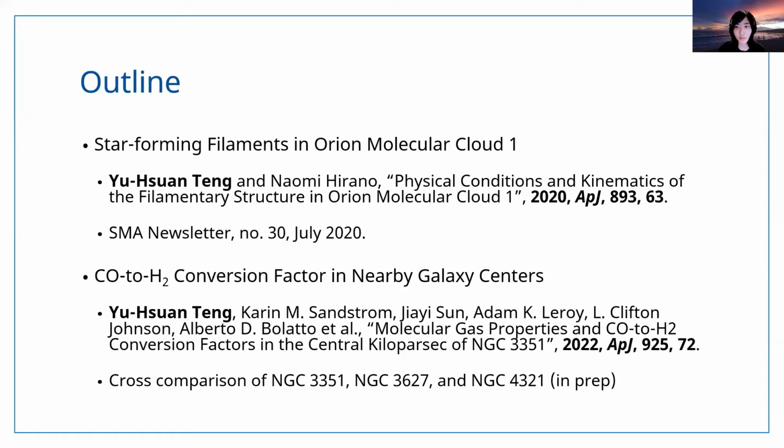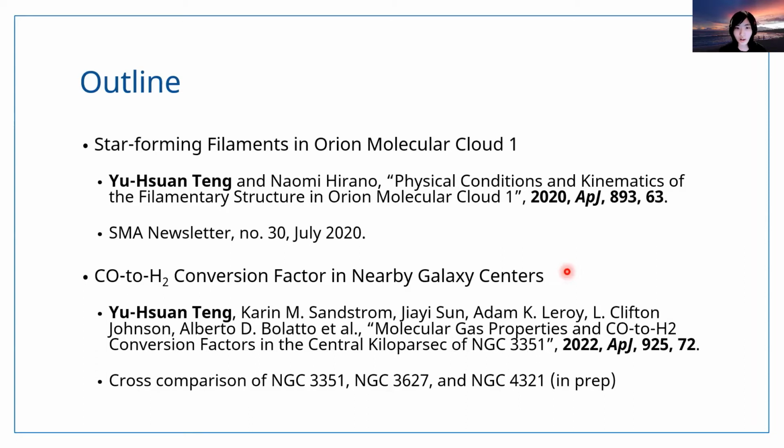So my talk today will be separated into two parts. The first part is about my previous work at ASIAA on star-forming filaments in Orion Molecular Cloud 1. These results were already published in ApJ, and we also have a short article published in the SMA newsletter. The second part of my talk will be focused on my current work at UC San Diego, studying the CO to H2 conversion factors in nearby galaxy centers.